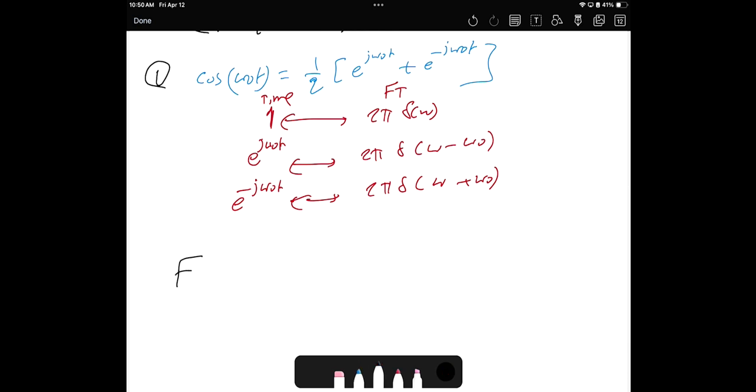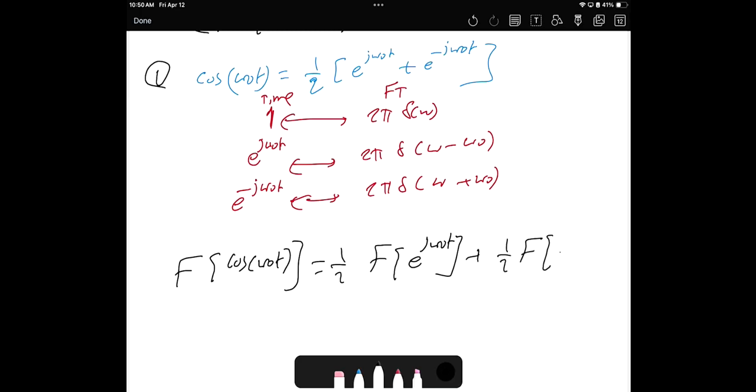So the Fourier transform of cosine omega naught t, applying the linearity and the Euler formula, will be 1/2 the Fourier transform of e power j omega naught t plus 1/2 the Fourier transform of e power negative j omega naught t.